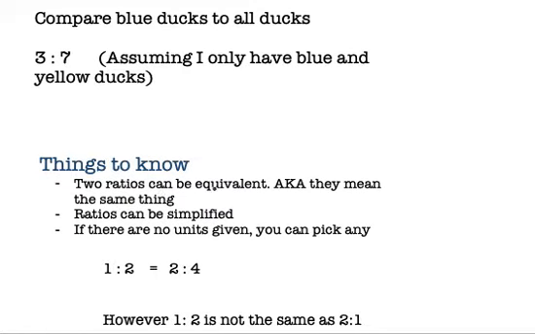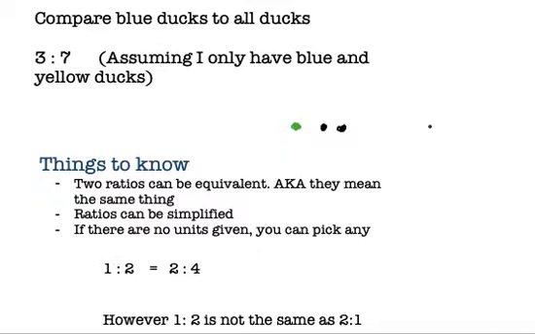Two ratios can be equivalent, and that means that they mean the same thing. So an example of that could be, let's say I had one green ball and 2 black balls. Okay.